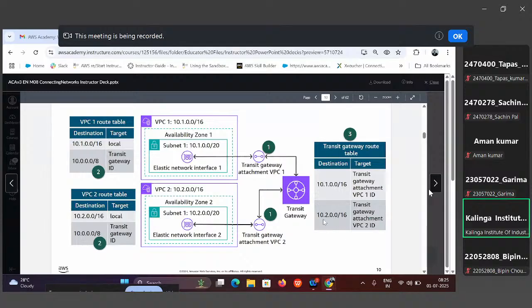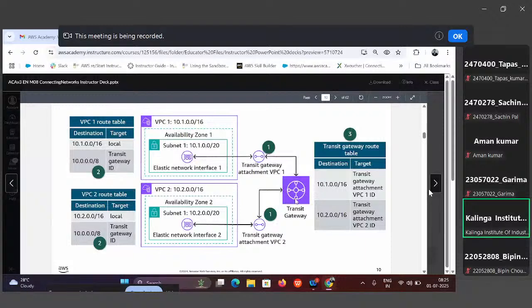You can see 10.2.0.0/16, this VPC2 IP, on the top. And this is for VPC1, where you can see 10.1.0.0/16. So this is for the VPC1 ID, which will be configured under the route table.